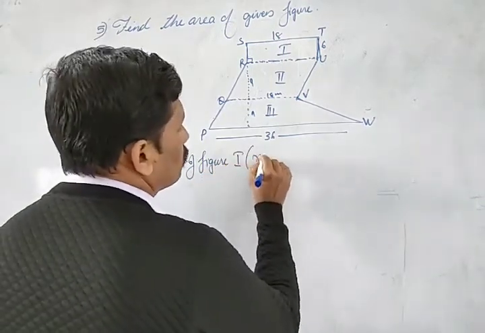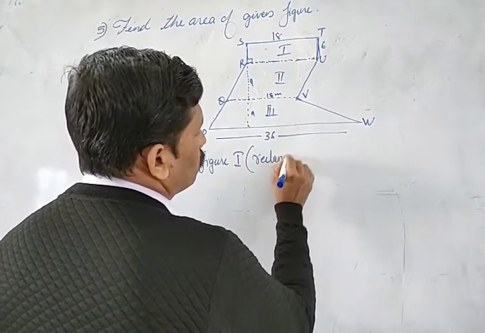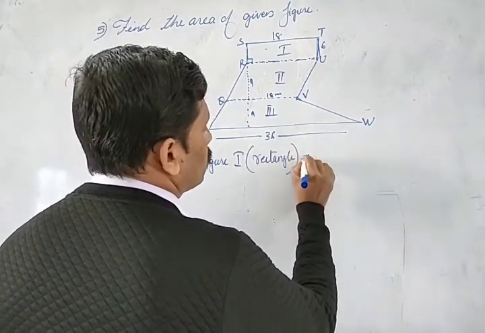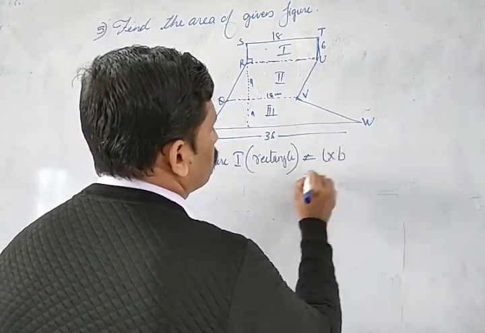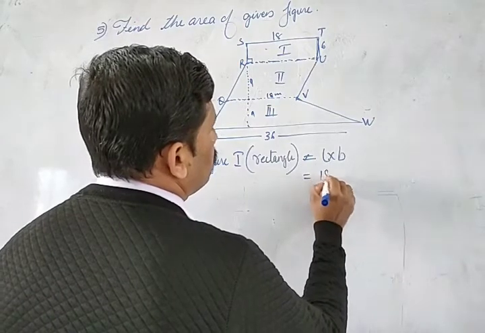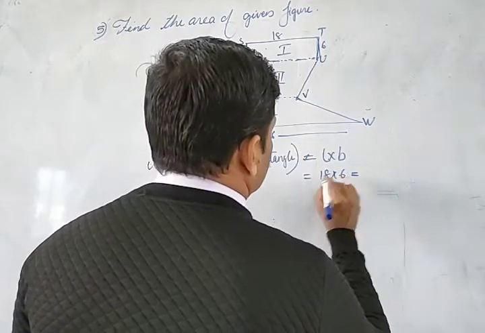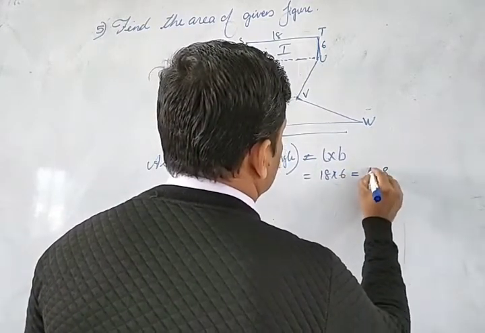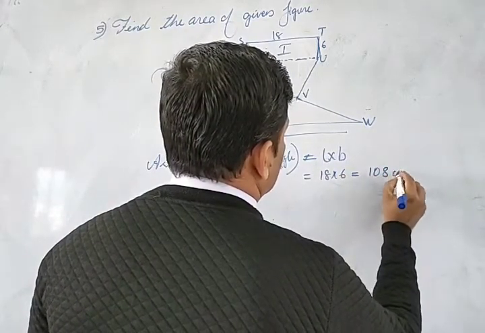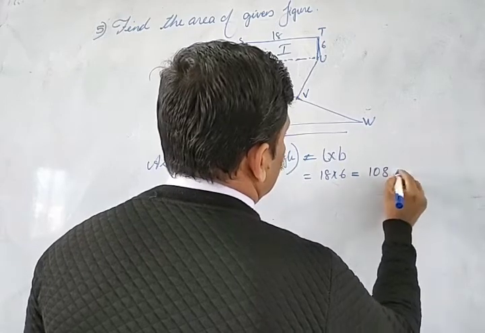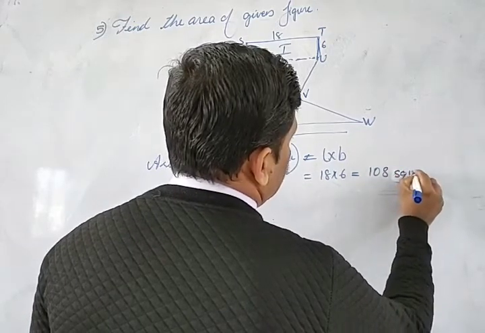That's a rectangle. That is equal to length into breadth, that is 18 into 6, which is equal to 108 square units. We write square units.